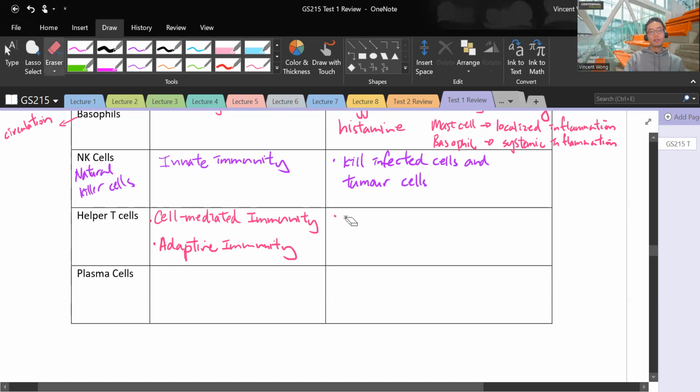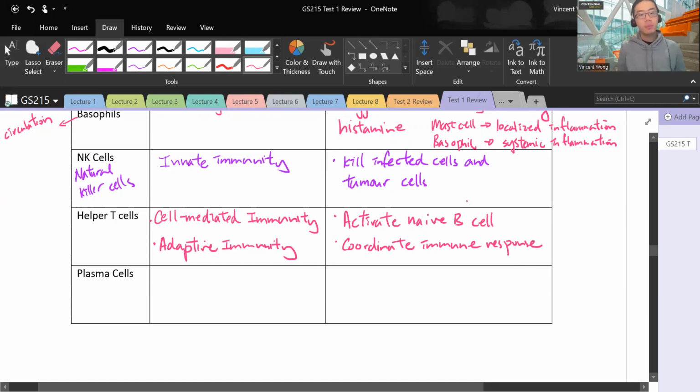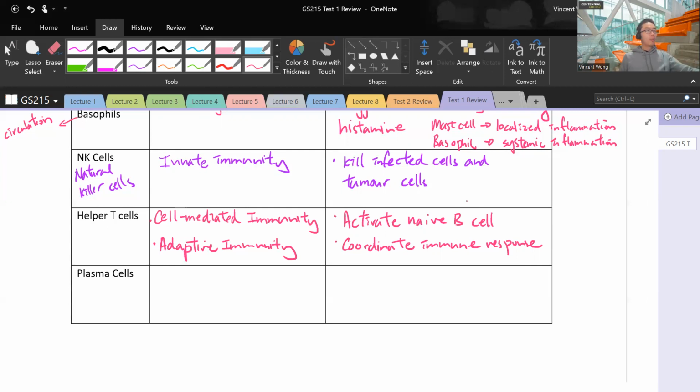And the function of helper T cell is to activate naive B cell and help coordinate immune response. Right? Just like the APC will activate the naive T cell, we will need the helper T cell to activate the naive B cell.